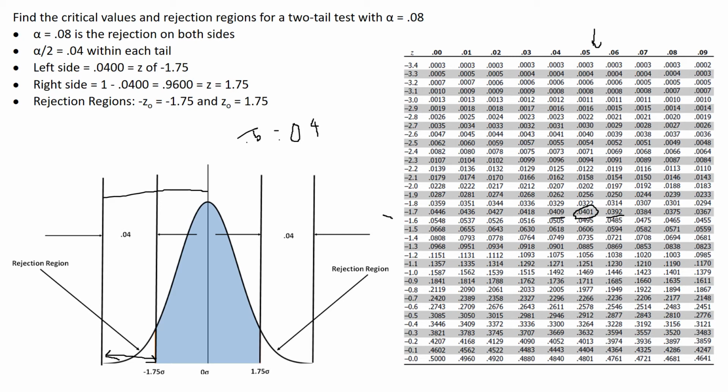So my left score is negative 1.75, and my right score is plus 1.75. So anything that's less than negative 1.75, I'd reject. Anything greater than plus 1.75, I also reject. And this blue part in the middle is the fail to reject, the acceptance region.